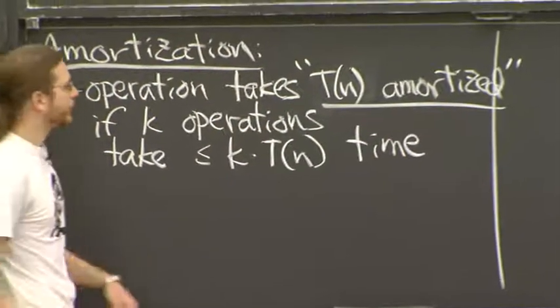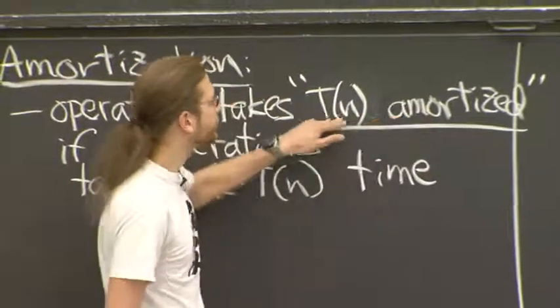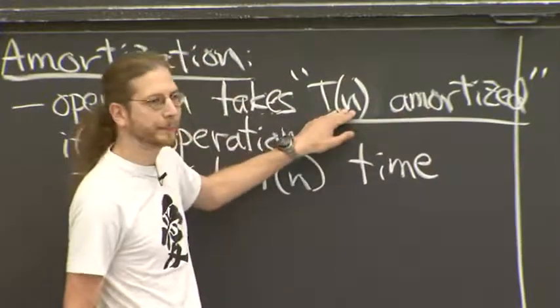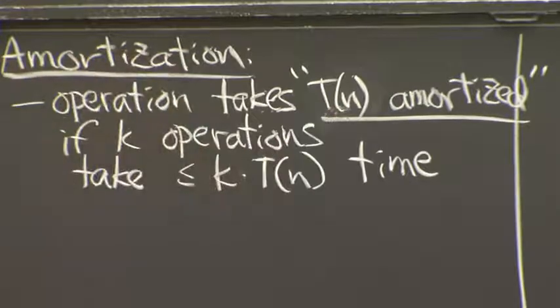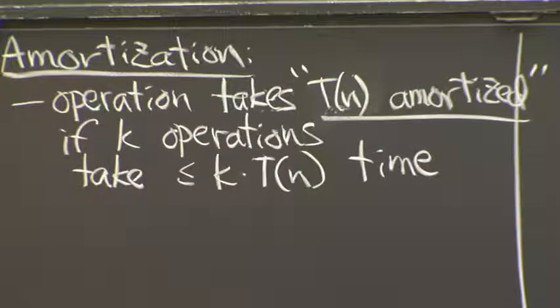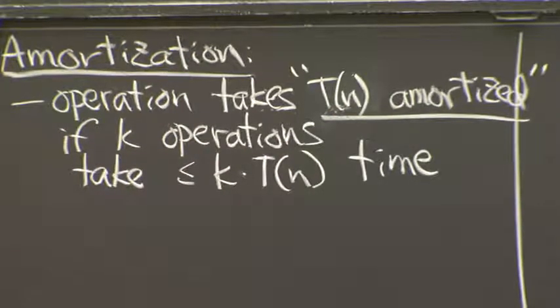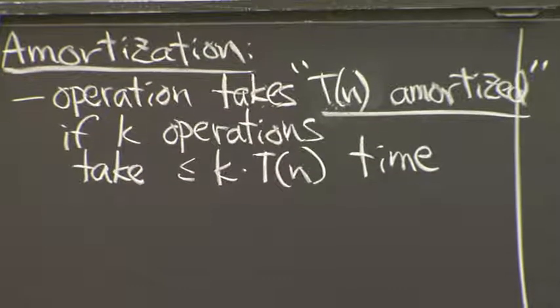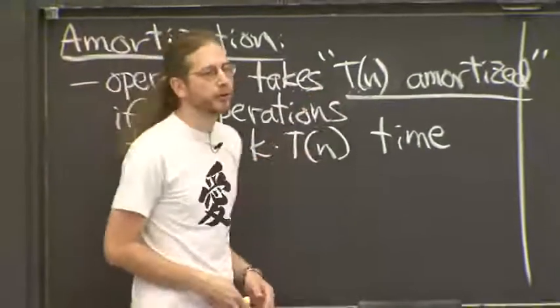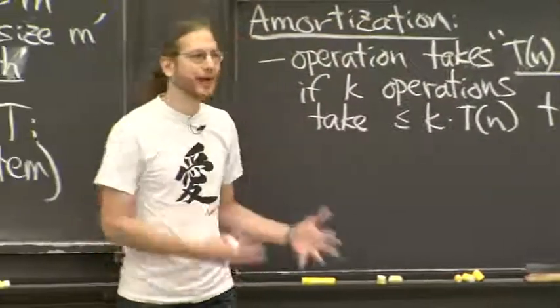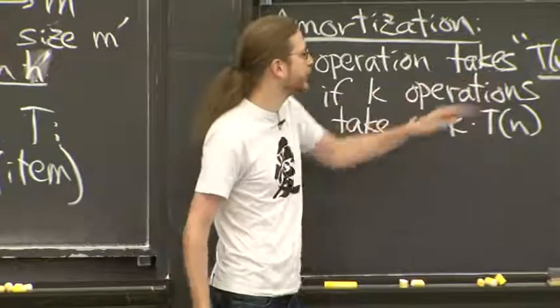So we're going to use a concept of, usually we say the running time is T of n. And we started saying the expected running time is some T of n, 1 plus alpha, whatever. Now we're going to be able to say the amortized running time is T of n, or the running time is T of n amortized. That's what this is saying.